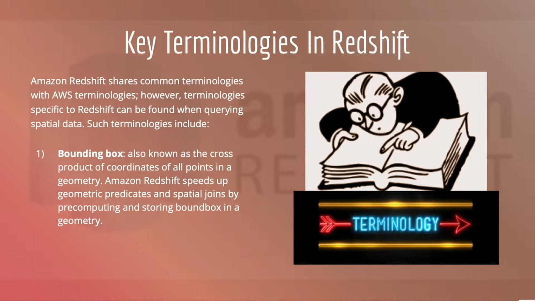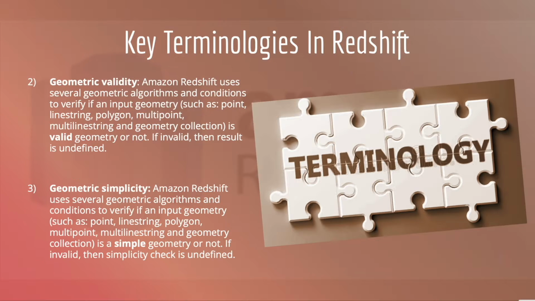Now, bounding box talks about how Amazon Redshift processes geometric predicates and partial joinings very fast. And it does this by pre-computing and storing the bounding box in the geometry.